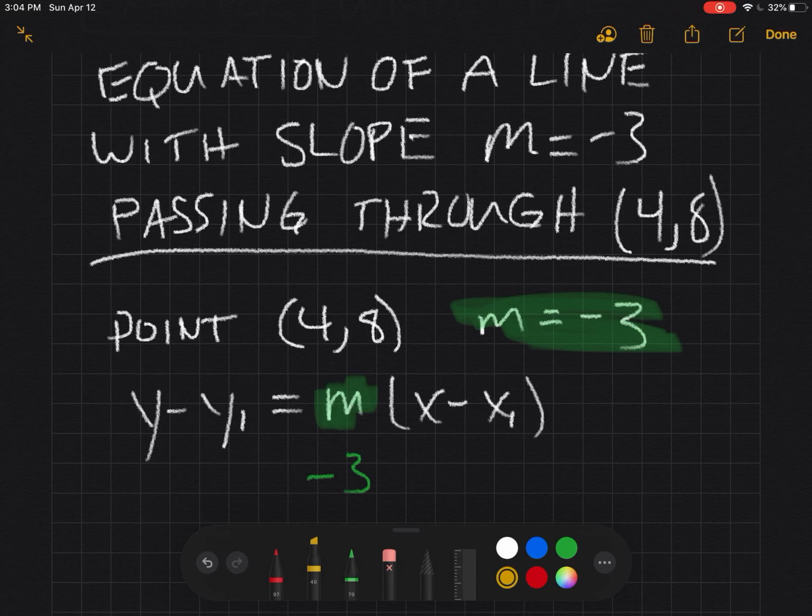Our slope is -3, so -3 is what we substitute in for m. 4 is our x coordinate, so we substitute that in for our x1.